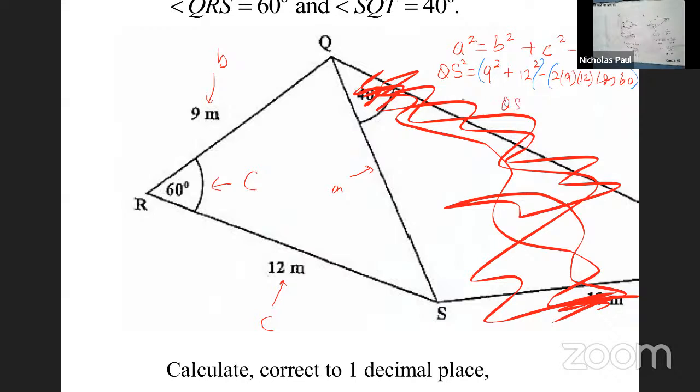So it means that QS squared is how much? Just tell me what QS squared is. 117. You got that, Jacob? Check it and see.